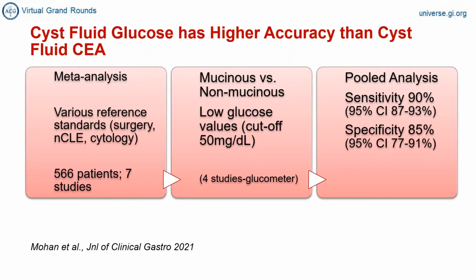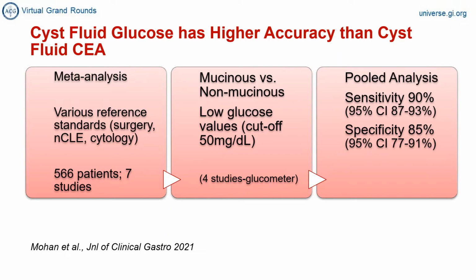In this recent meta-analysis, which includes 7 studies with nearly 600 patients, a glucose cutoff of less than 50 milligrams per deciliter, that is, lower glucose implying a mucinous cyst, showed a pooled sensitivity of 90% and a specificity of 85%. In fact, 4 of these studies included point-of-care testing with a glucometer.